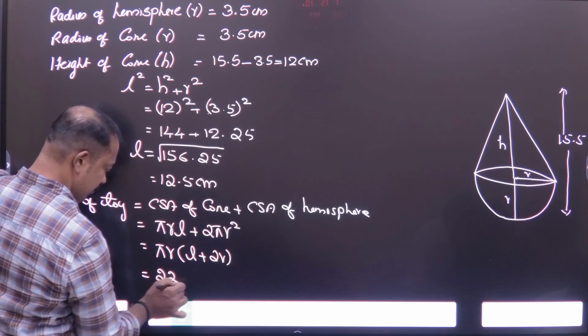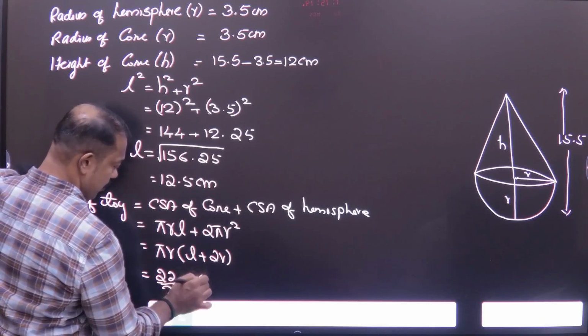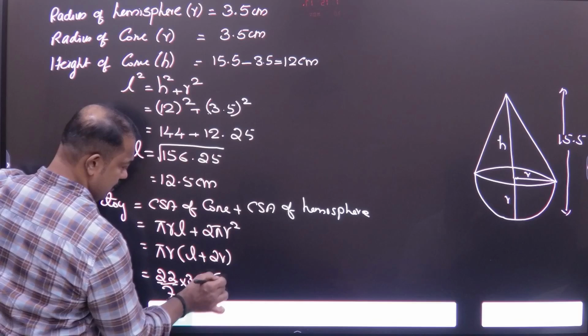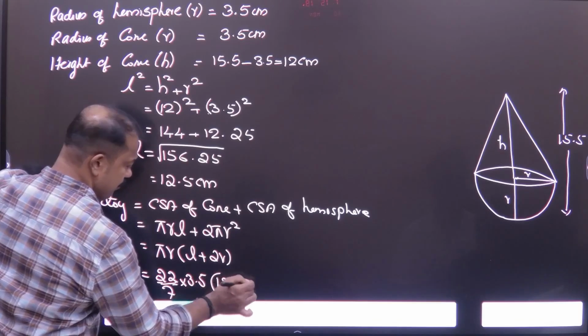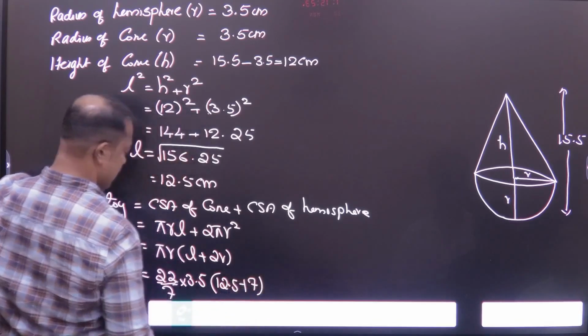Pi 22/7, radius 3.5, l 12.5 plus 2r, 2 into 3.5 is 7.